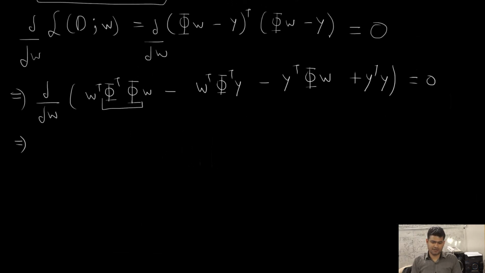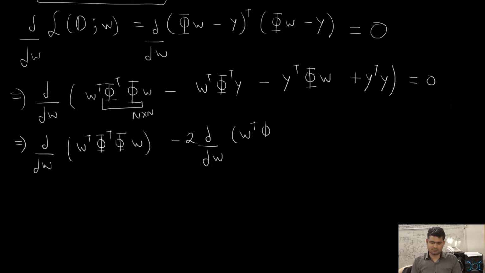So phi transpose phi is a symmetric matrix. This is an n by n symmetric matrix. So the derivative of this term, we can just write as d by dw of w transpose phi transpose phi times w, minus twice the derivative of w transpose times phi transpose times y, plus the derivative of y transpose times y, is equal to 0.